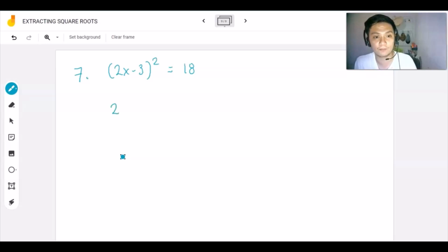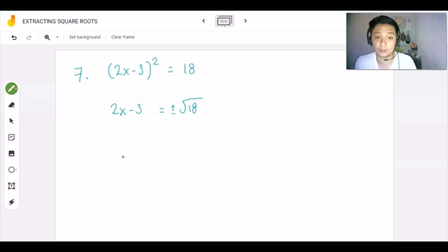So we have 2x minus 3 is equal to positive or negative square root of 18. Again, wala tayong kailangan transpose kasi nga wala namang constant outside the parenthesis, or a separate term aside from this square of a binomial on this side. Okay? So, what do we do next?